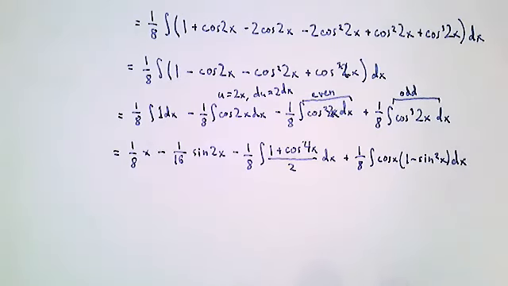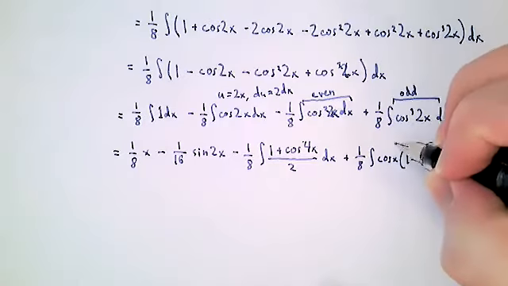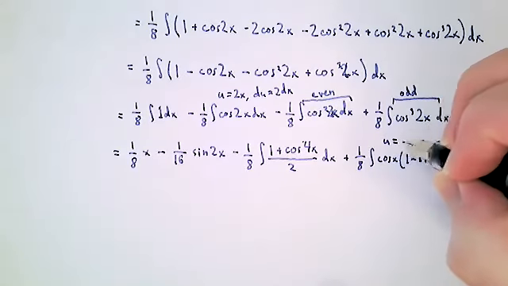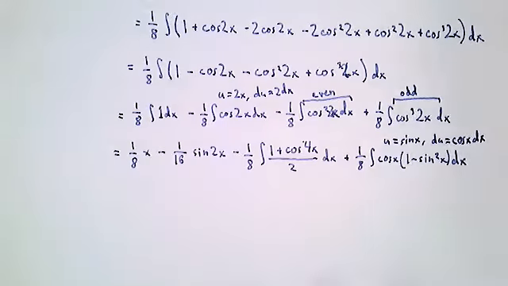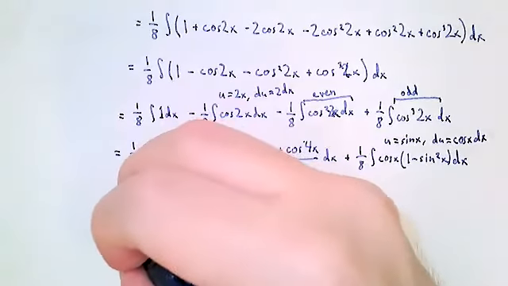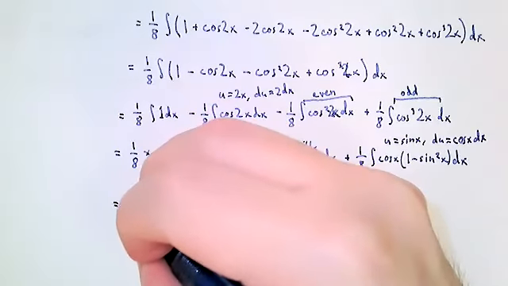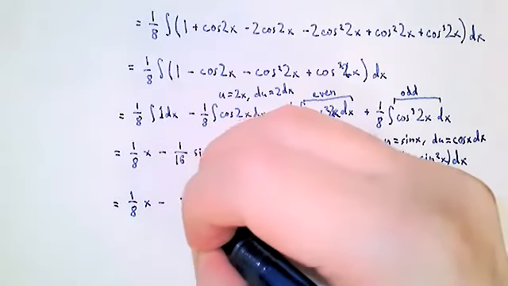Over here, we do have to do another u substitution. U is going to be sine. And then du will be cosine x dx. Okay, so maybe we'll write one more step out and then finish off the integral.